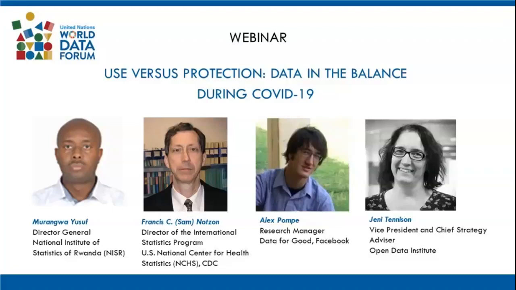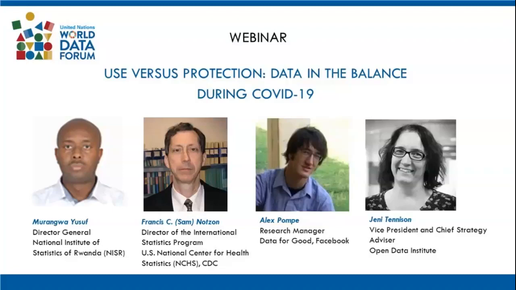One is really around, are we learning anything about data protection and use in this context that should have implications for the fundamental principles of official statistics? So maybe Yusuf and Sam, you can touch on that if you have thoughts. We've had some questions specifically around data randomization and the role that plays in protection, and also really about whose eyes are on the analysis that's being conducted.